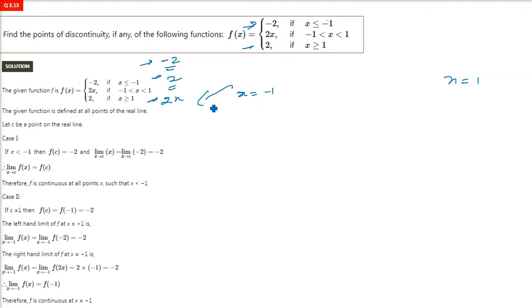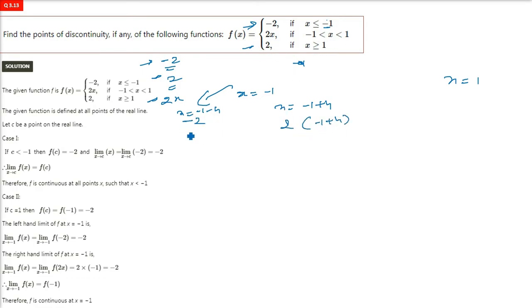So accordingly you have to choose the function also. So at x = -1, when you go on the left, it will be -2. X equals -1 minus h we will put. X as -1 plus h we will put. Left hand side, don't worry about that because it is already a constant -2. But on the right, what will it be? It is -1 plus h, so 2 into -1 plus h.